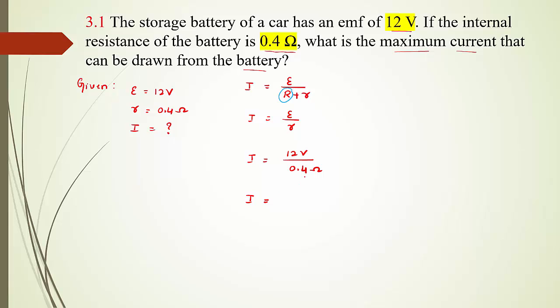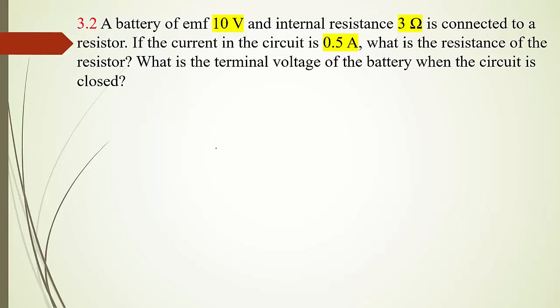We will get 30 ampere. So the maximum current that can be drawn from the battery is 30 ampere.